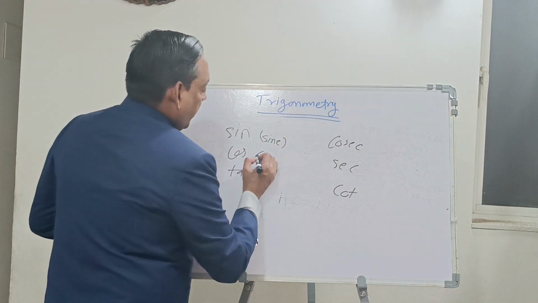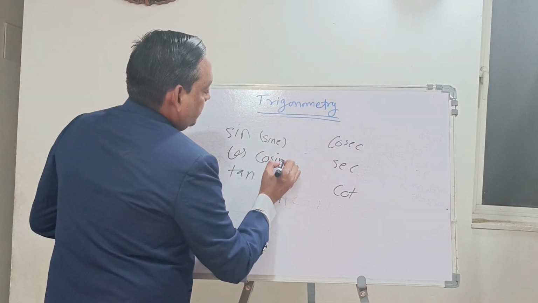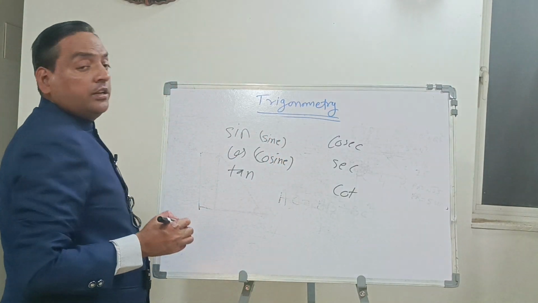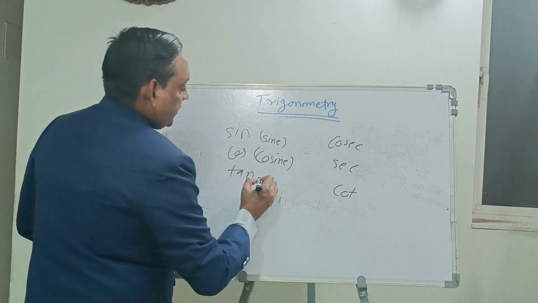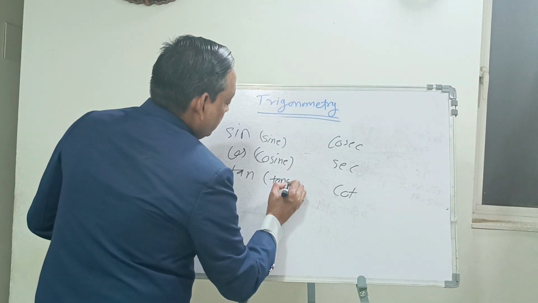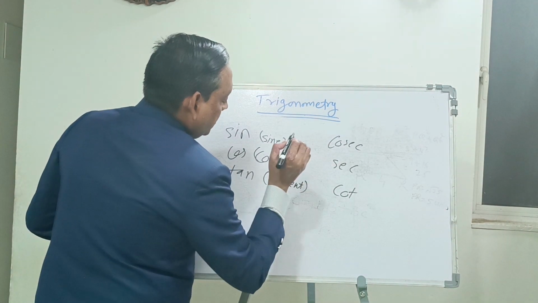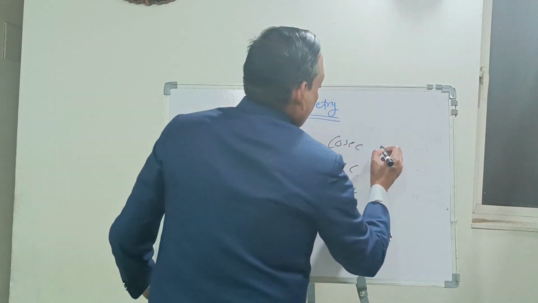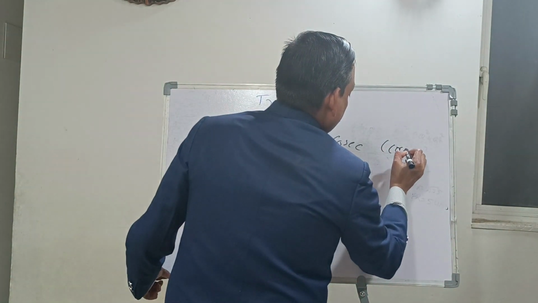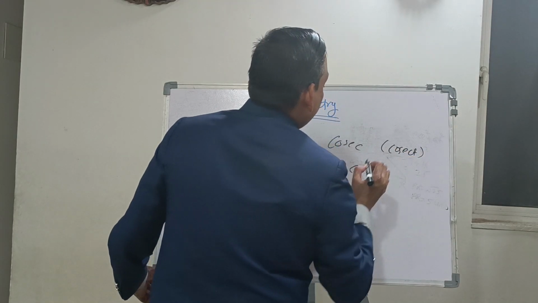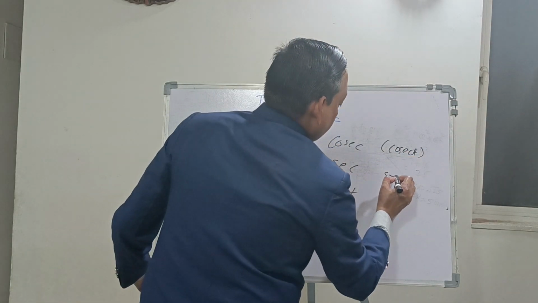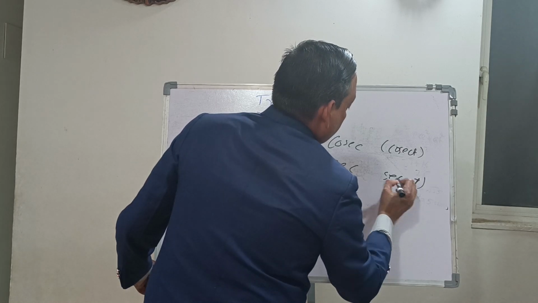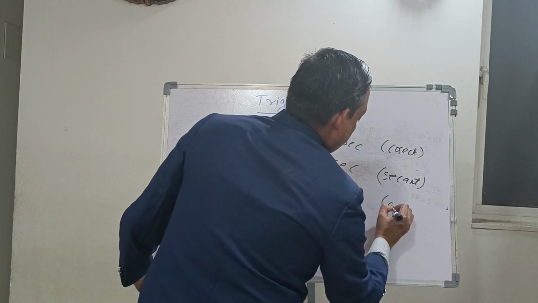Cos is cosine, but in short form we write only cos. Tan is actually tangent, short form tan. In the same way cosecant, but we write only cosec, and this is secant and cotangent.